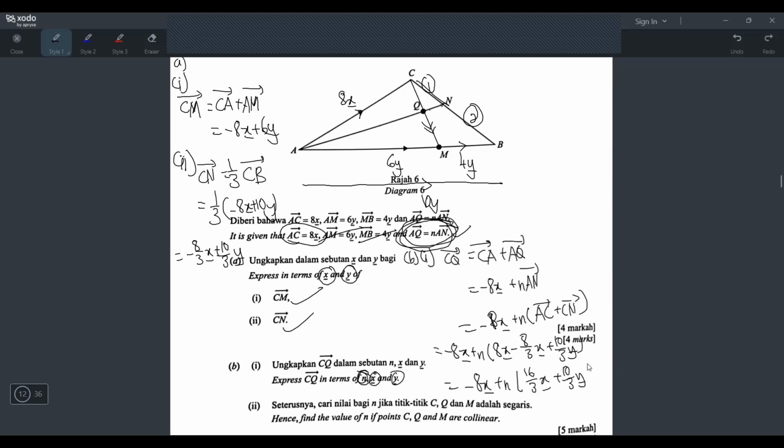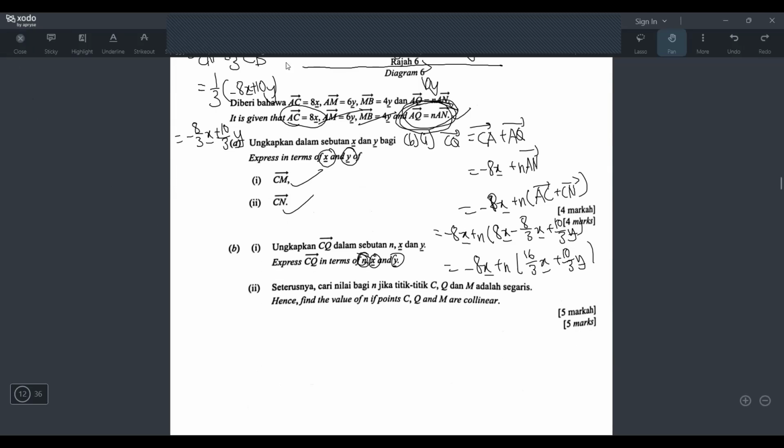Now you just multiply the n. Okay, now you expand. So it becomes negative 8x plus 16 over 3 and x plus 10 over 3 and y. Okay, is it plus or minus? Plus, yeah. Okay, so this is the answer. But I recommend you to write your answer in terms of x, y, meaning one vector x, one vector y like this.